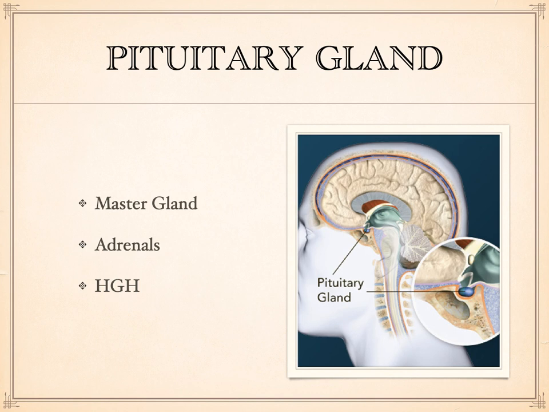Now, they never saw any proof that that was actually working, but it was one of the things they were trying, right, to get some sort of advantage over the people they were competing against. But all of those things are controlled by the pituitary gland.